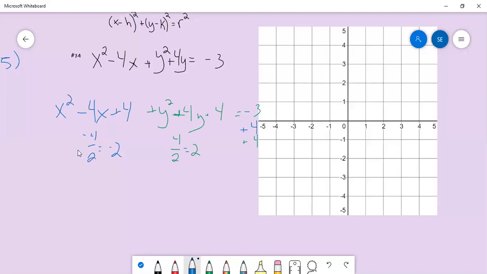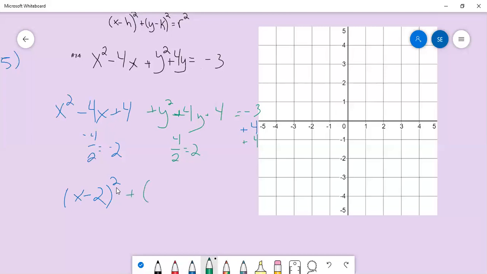This portion over here, we've designed so that it's x minus 2 squared. You can FOIL this out and prove this to yourself, but this becomes x minus whatever term we squared to get our final term, our c term, and that's all squared. I'm going to do the same thing with our y.